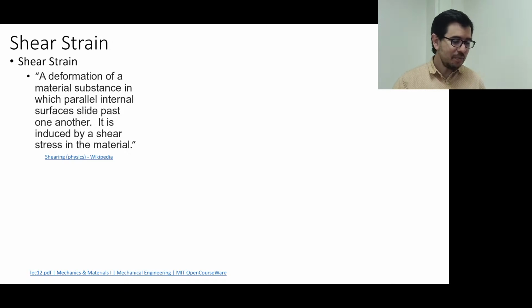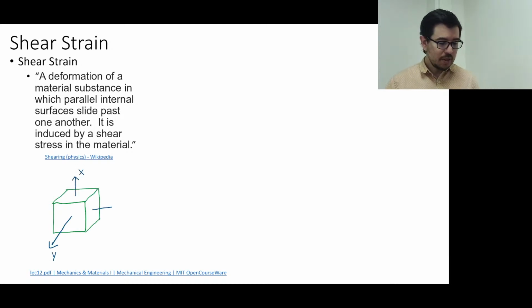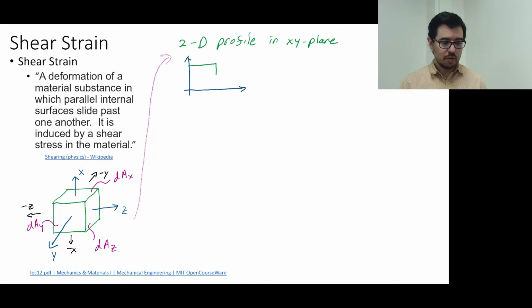Shear strain is often induced by what we consider to be sliding. We talked about shear strain a little bit previously, but I glossed over it quite a bit. Now we cannot ignore the truth of shear strain.